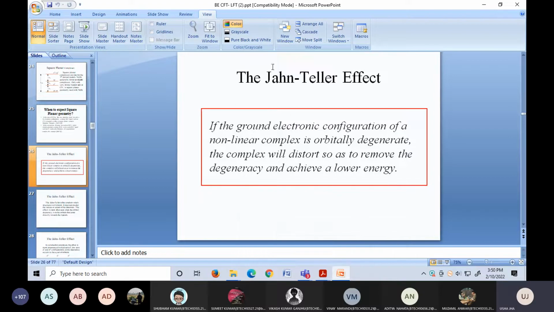So this is Jahn, although it's written as J-a-h-n, the J is silent here, you pronounce it as Hahn. That's why chemistry is interesting. You get to know a number of interesting names, whether it is Hahn, Teller, or de Broglie, which we always pronounce wrongly.